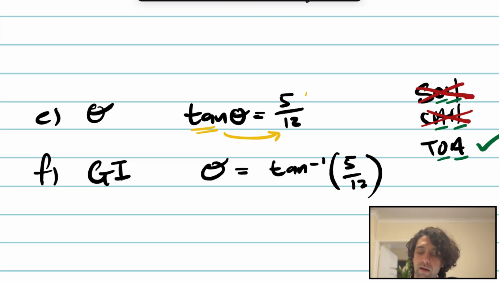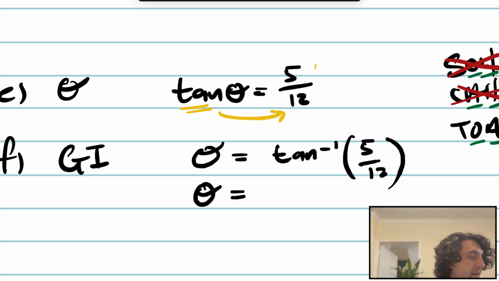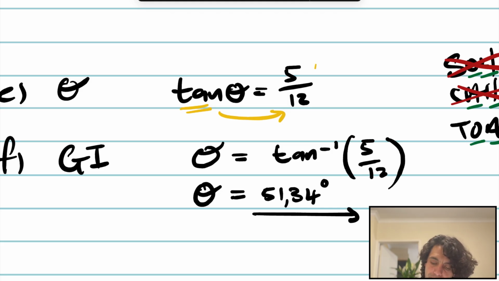To type that on your calculator, again, you press Shift, tan. You'll see tan negative 1 with an open bracket. Then you type in 5 over 12. Close your bracket and press the equal sign. And what we find is 51,34 degrees after rounding up.